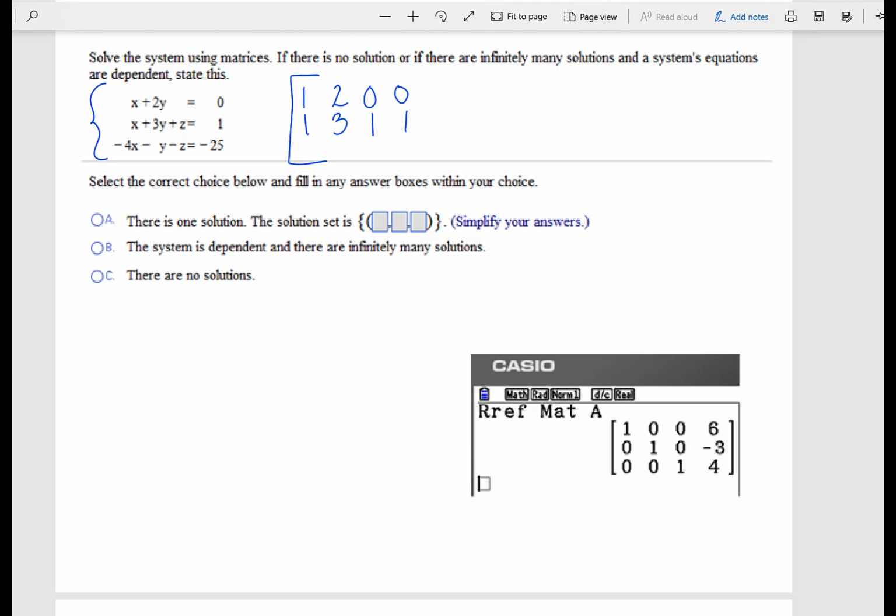And then in the third row, we have negative 4x minus 1y minus 1z equals negative 25. And all of those came from the coefficients in front of x, y, and z, and then that constant on the other side of the equal sign. So that is what we'll put in our calculator.